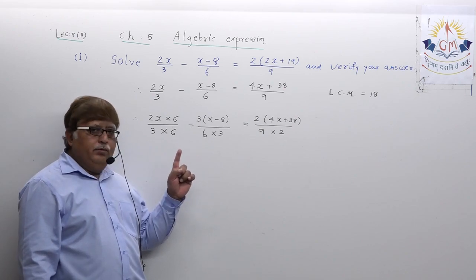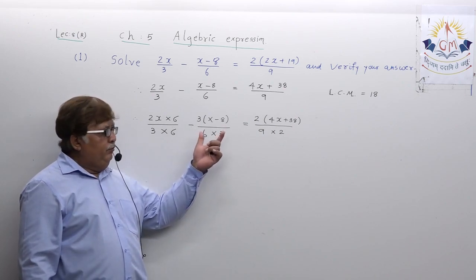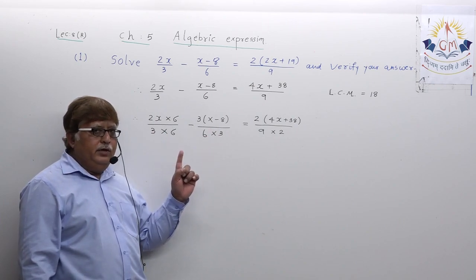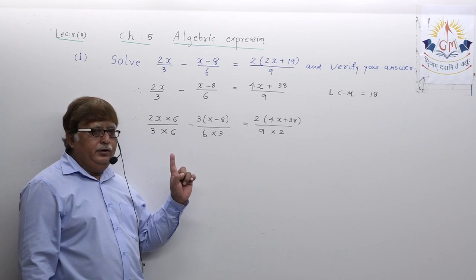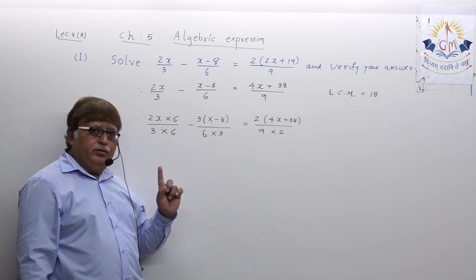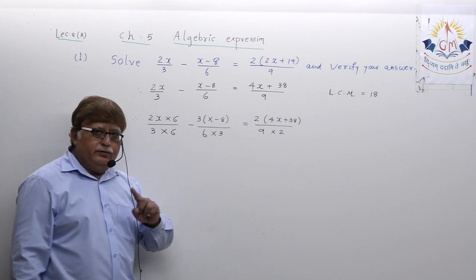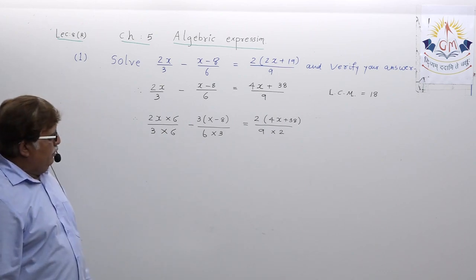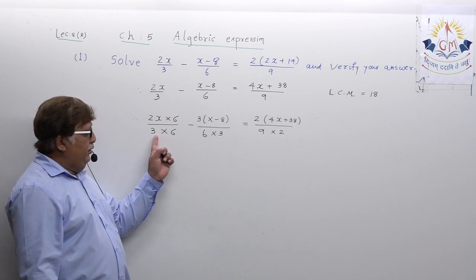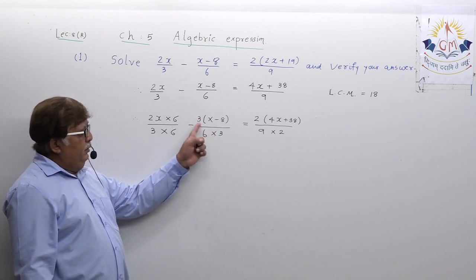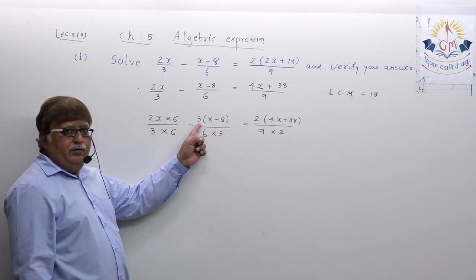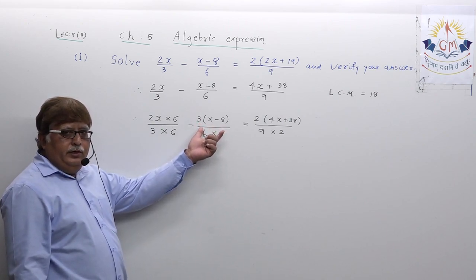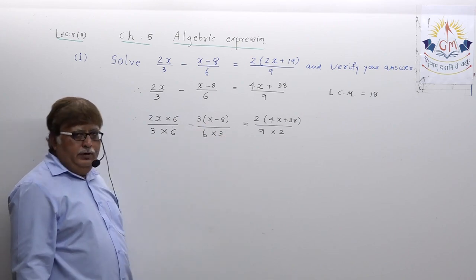I will wait for you so that you can see the step written by me comfortably and you are able to write, assess, analyze and understand. LCM 18, 3 times 6, 6 times 3. I have kept 3 here and this is in bracket.